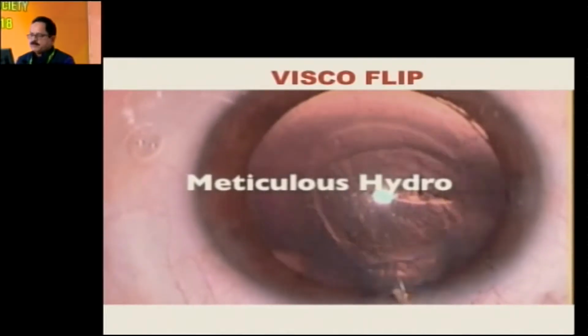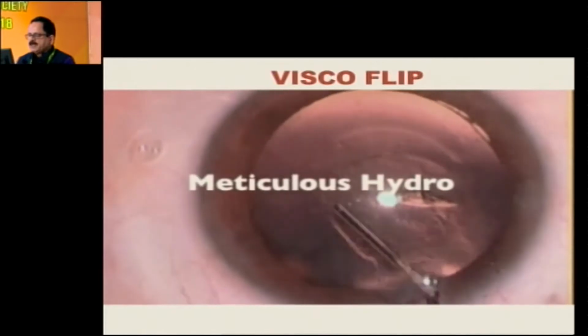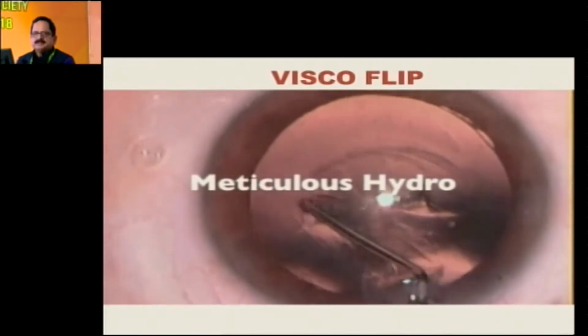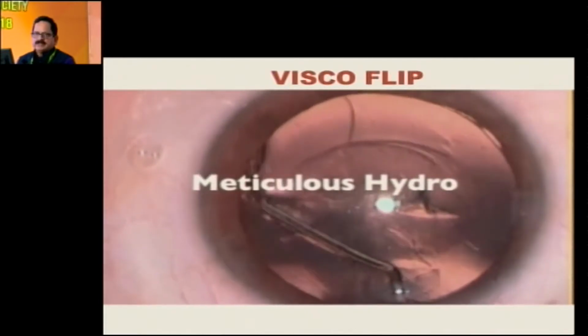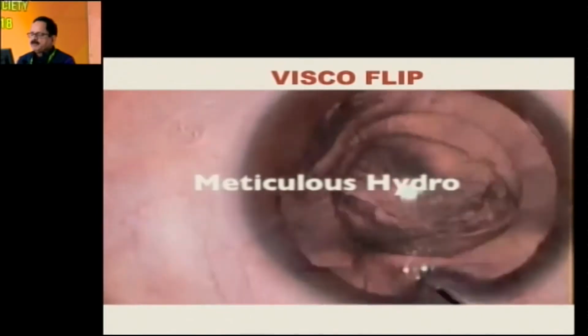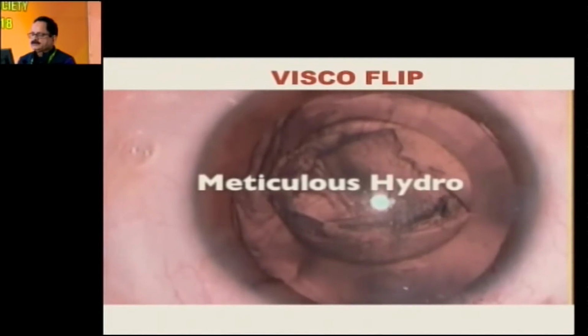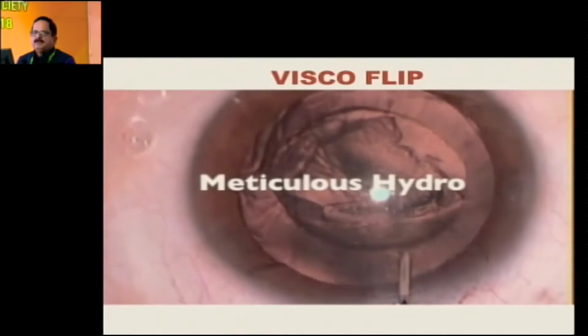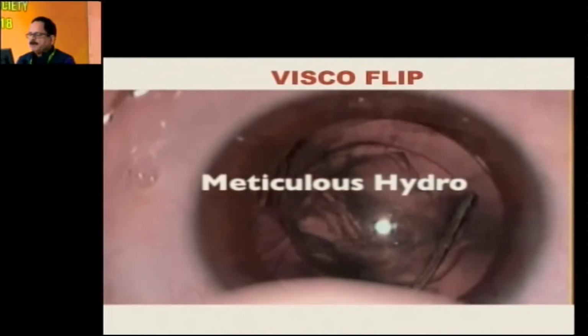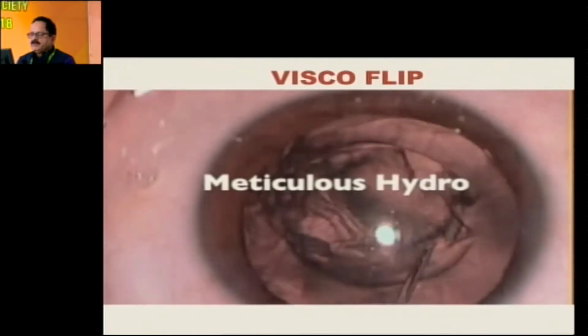So here is a video for that. First, we do a meticulous hydro from the different sides. It should be gentle, but we have to do it from different sides. But this will not make your soft cortex come up.